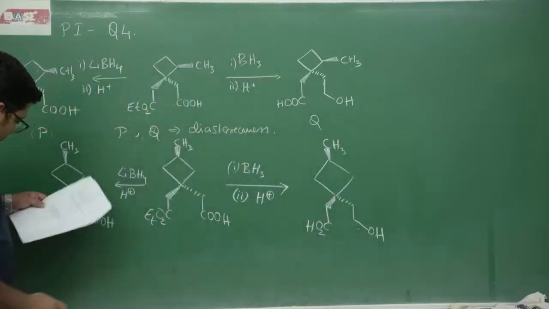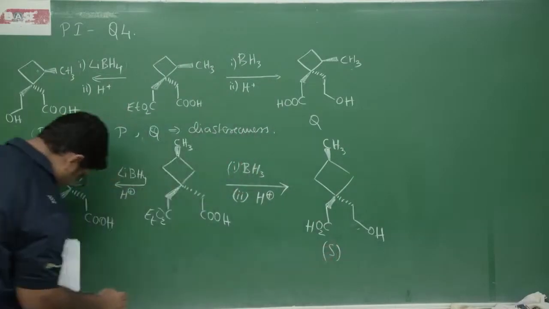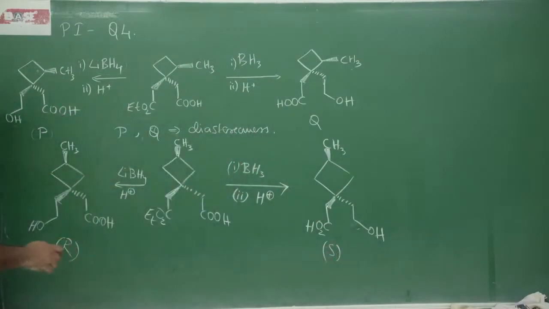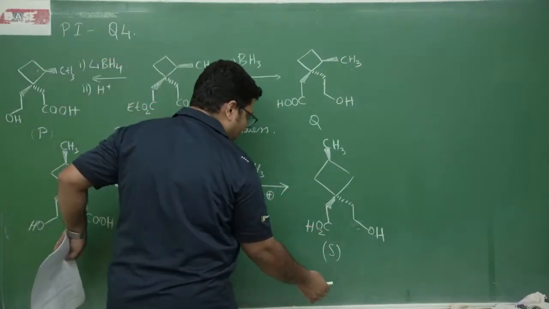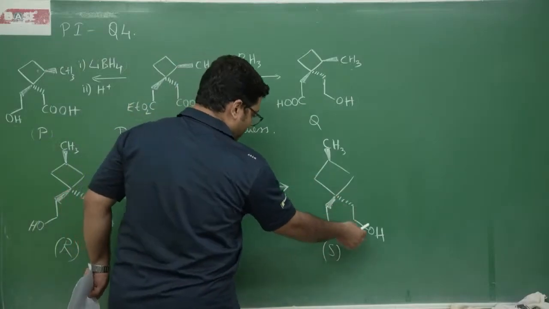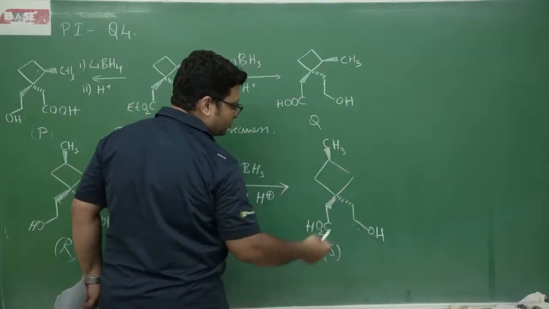Now, as before, this R and this S, in reference to the methyl group projected above the plane of the board or towards the observer, the branch holding the OH group is also projected in the same orientation. While in the stereoisomer S for R, the OH-holding branch is projected below the plane of the board and the methyl is above the plane of the board.